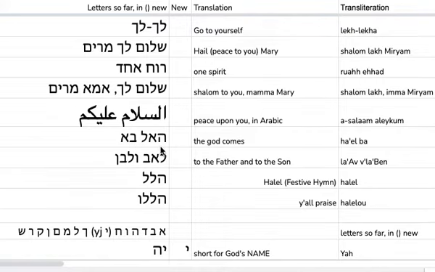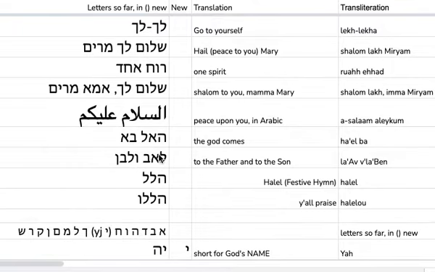Ha'el ba. Okay, what does el mean again? God, right? Ha'el ba. So the God comes. La'av v'laben. Okay, to the Father and to the Son. Okay, la'av v'laben.